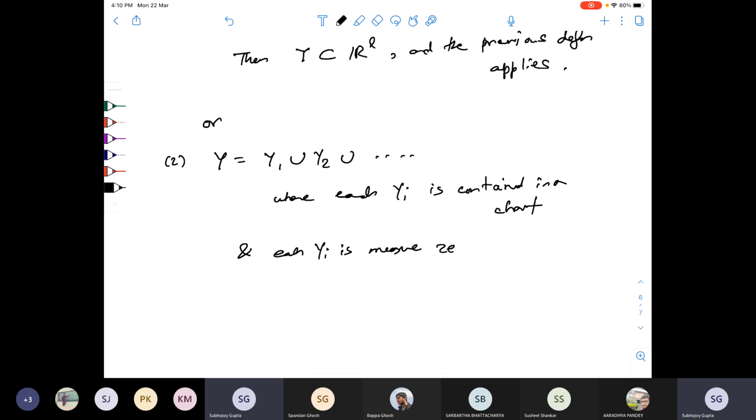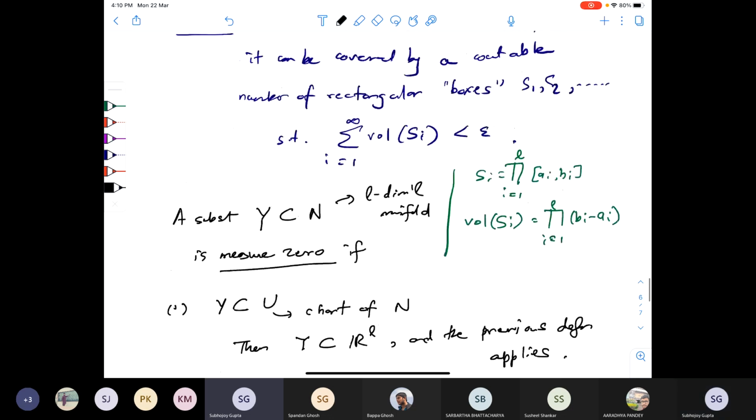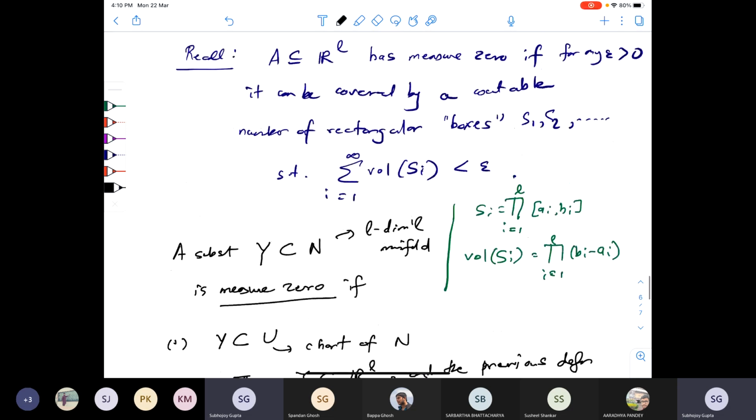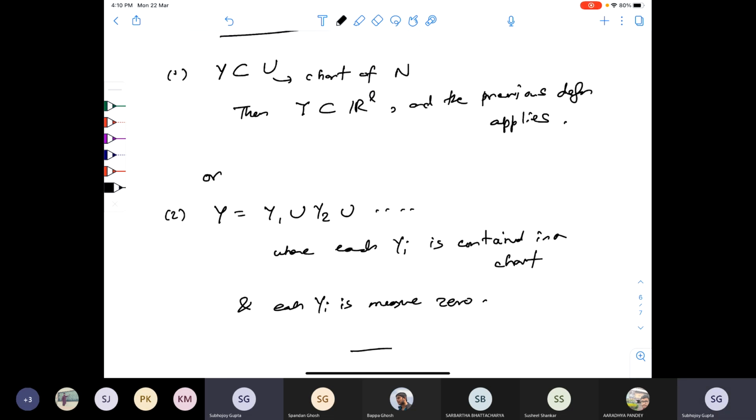One advantage of something being measure 0 in this definition is that a countable union of measure 0 sets is also measure 0, right? So anyway, the intuition still applies in this case.